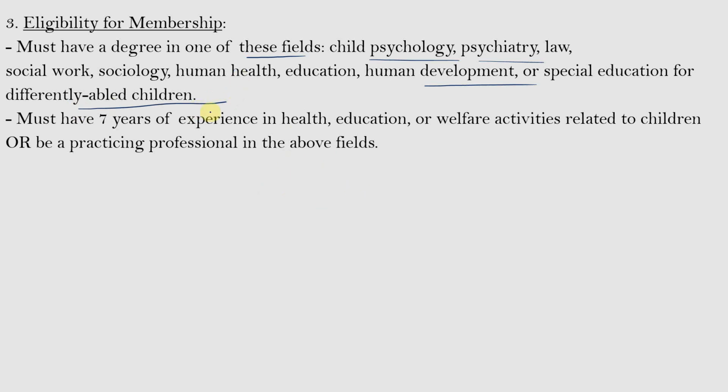And he or she must have 7 years of experience in health, education or welfare activities related to children, or be a practicing professional in the above fields. So either the member can have 7 years of experience in any of these fields or they shall be a practicing professional.